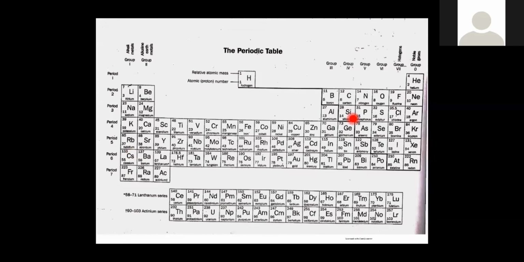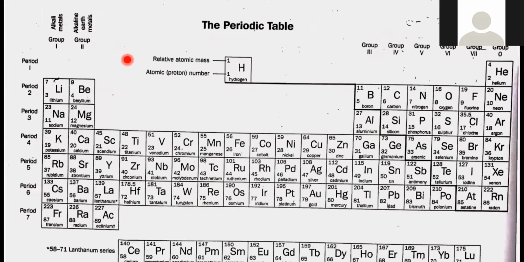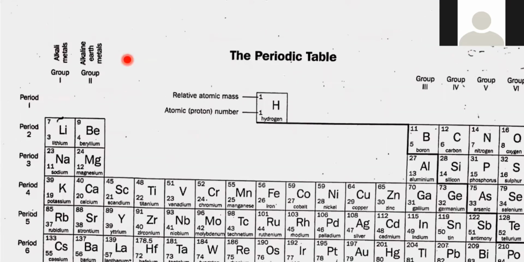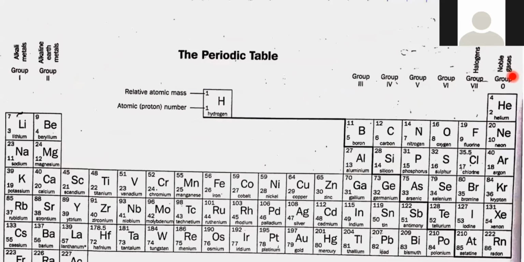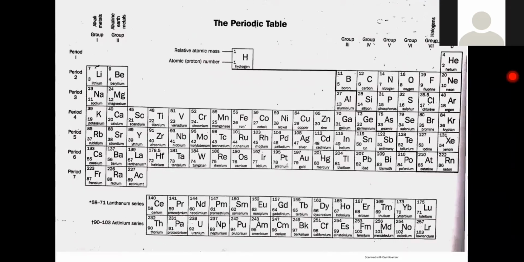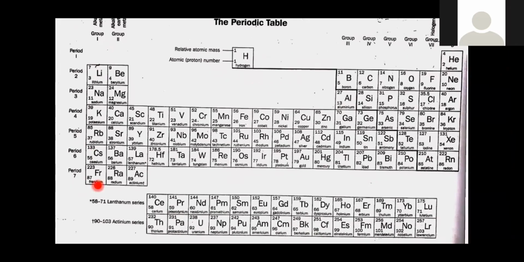All right, so we have here group 1, group 2, group 3, 4, 5, 6, 7, and group 0, which is also known as group 8 in certain periodic tables. So like I said, these vertical columns are your groups on your periodic table.